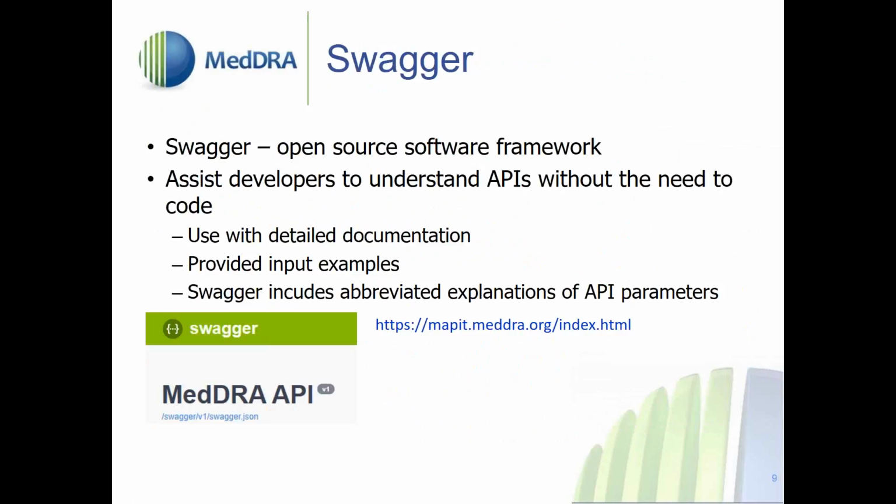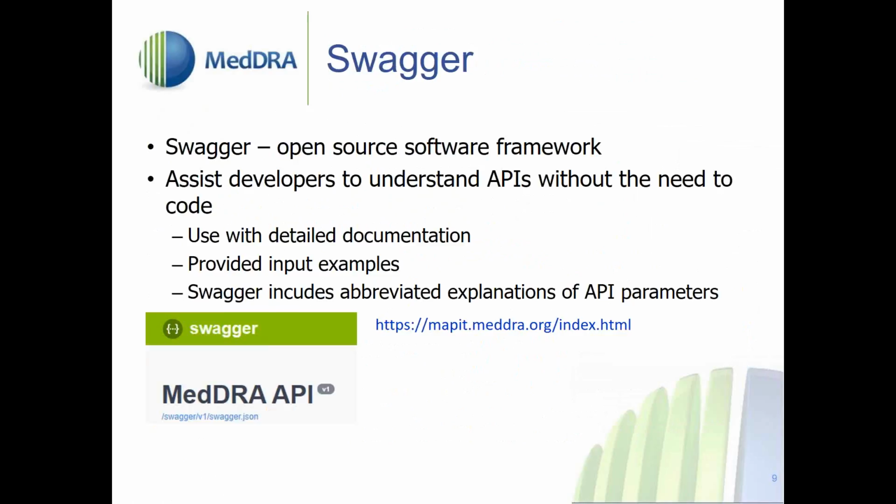Now, in addition to the documentation that we provided, we also have included a link to an open source tool, a plugin essentially, called Swagger. And for those of you that have developed APIs as part of your job, or at least are familiar with API development, you've probably heard of this tool or even used it or some tool similar to it.